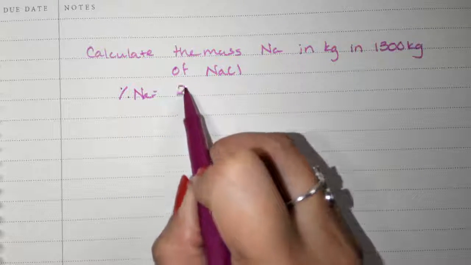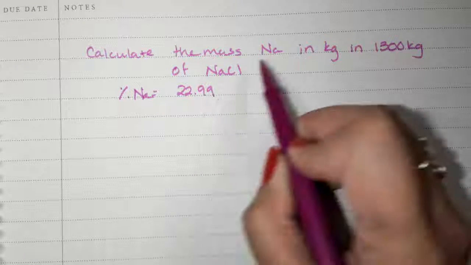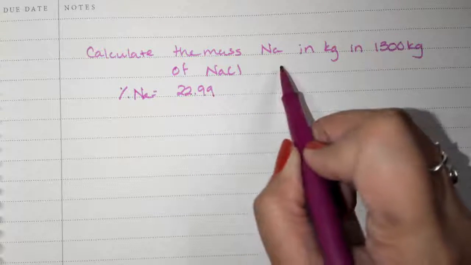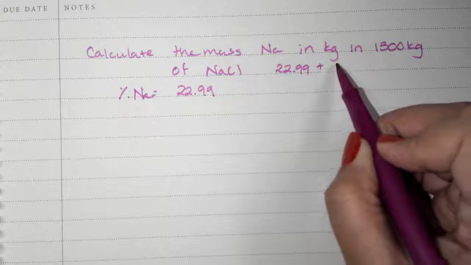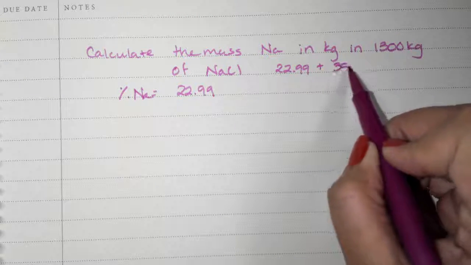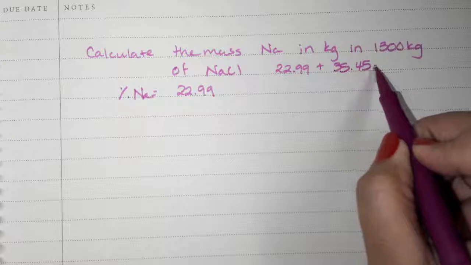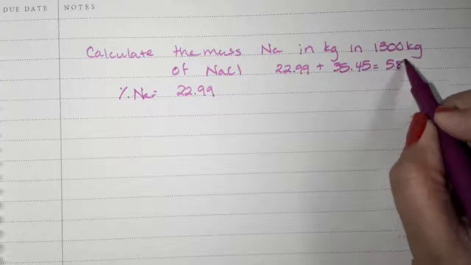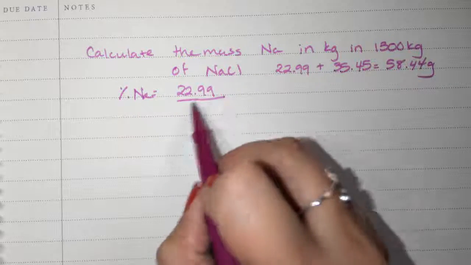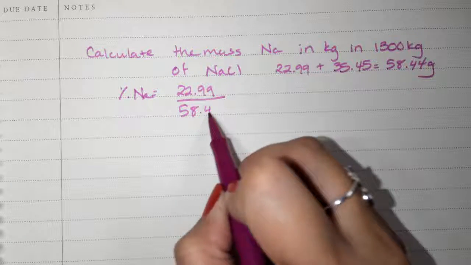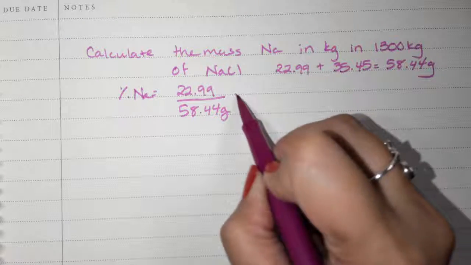So I know sodium is 22.99, and sodium chloride's formula mass is 22.99 plus 35.45, so we end up getting 58.44. So we put this at the bottom and we multiply it by 100.